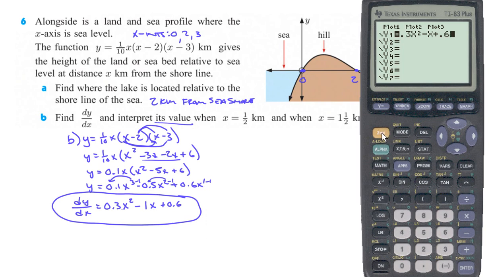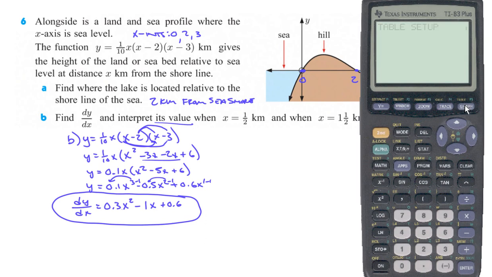So we're going to do second table set. We want the table to start at 0.5, and we want it to go up by 1. You can change this to another 0.5 if you want to see every half, but for what we need, we just need 1/2 and 1.5, so this should work.